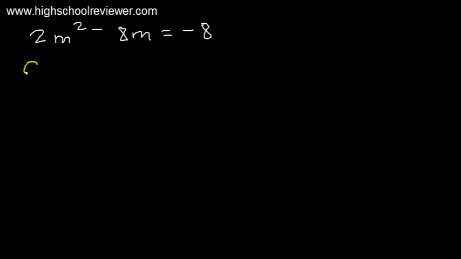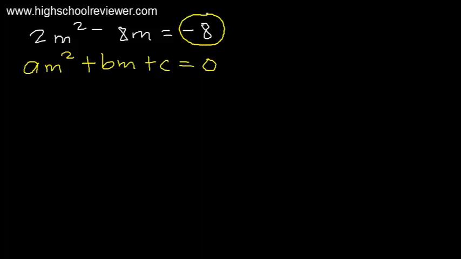So again, we first need to make this of the form am squared plus bm plus c equals 0. So what we need to do is transpose negative 8 to the right side.